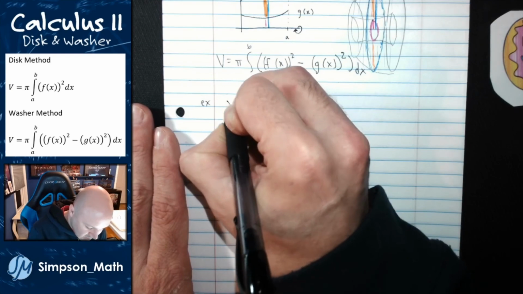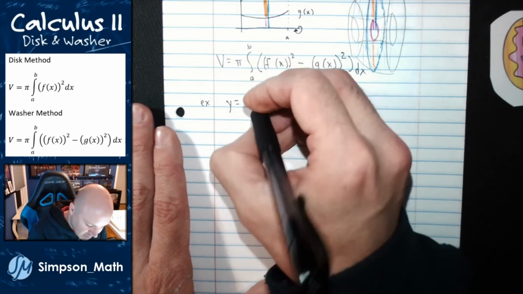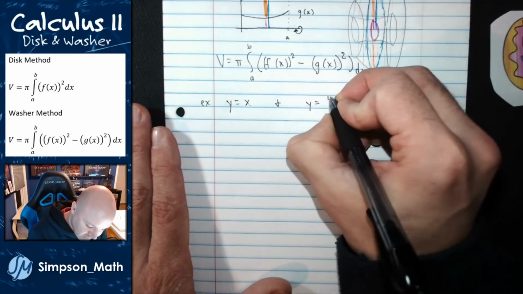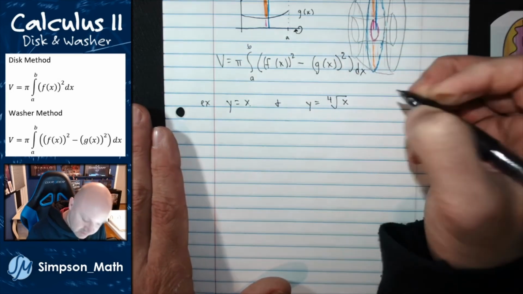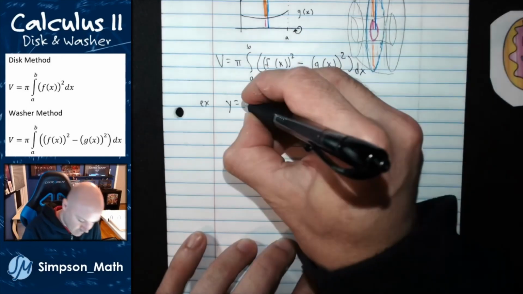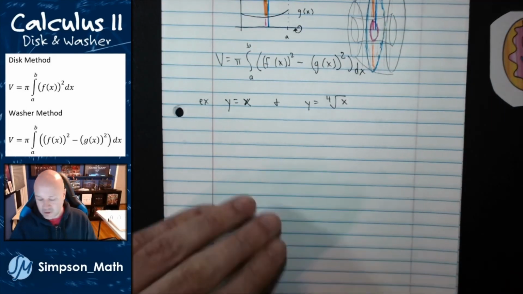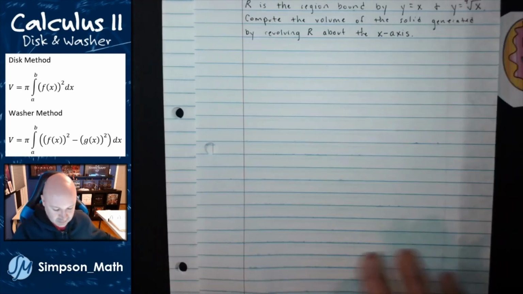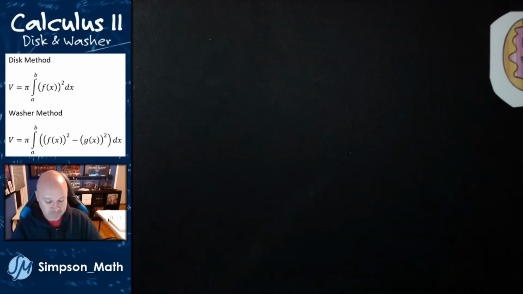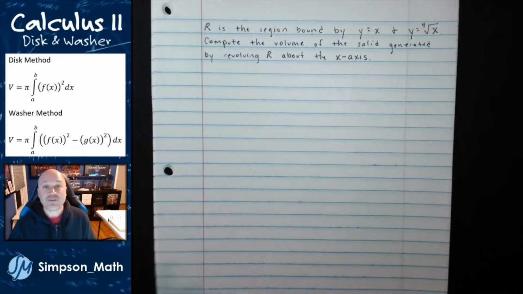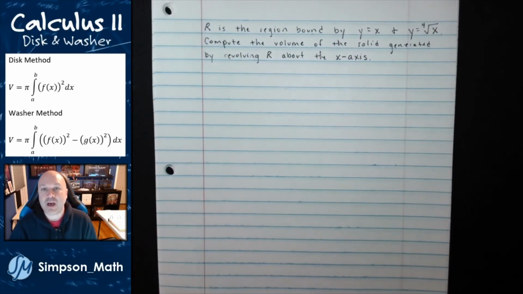All right, let's do. We've got a region bound by y equals x and y equals the fourth root of x. R is the region bound by the identity function y equals x and the fourth root of x.